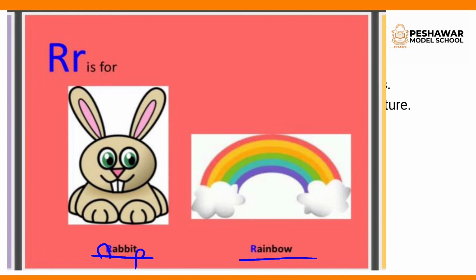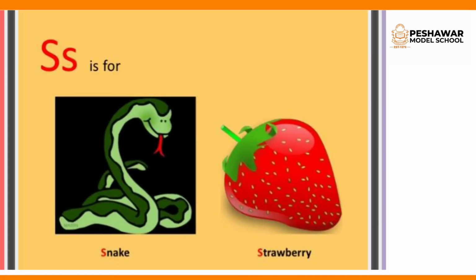Moving towards our next alphabet, capital S, small s. What is the sound of S? It is S, as the snake hisses. The first word is snake, S-N-A-K-E.